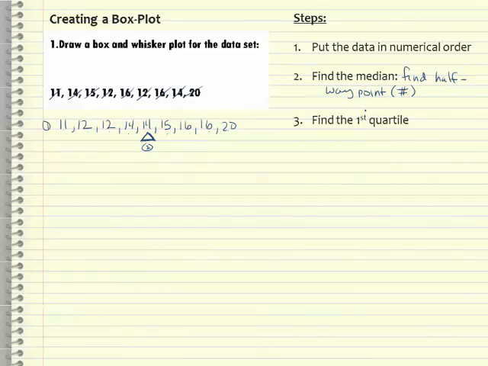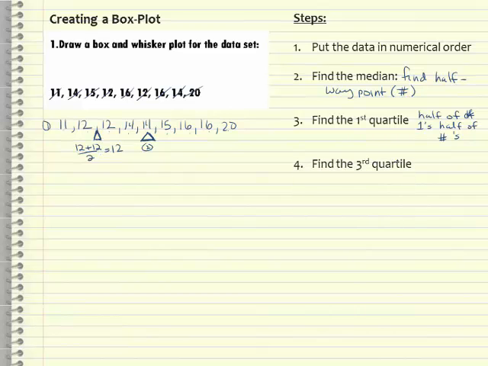Then we find the first quartile, which is half of the first half. That would happen right here. And when I don't have a number, I add the 2 numbers to either side and divide by 2. In this case, it'll still be 12.